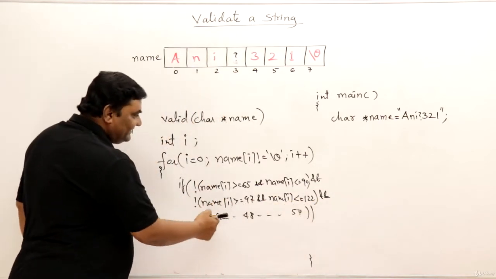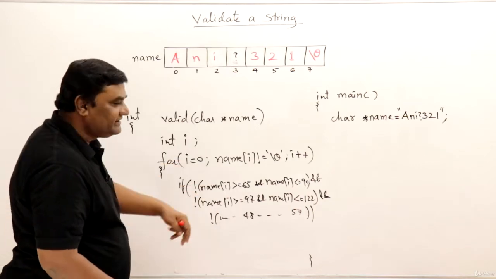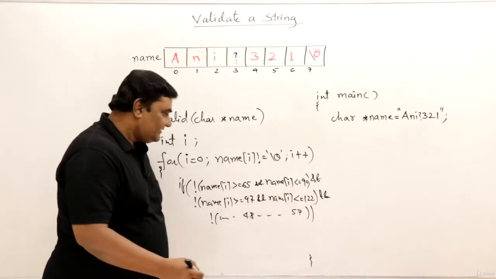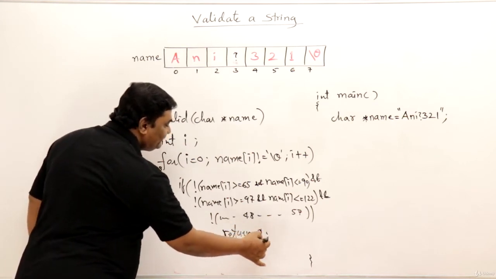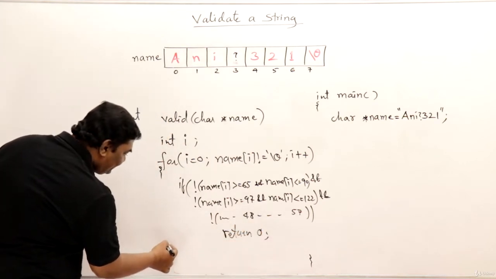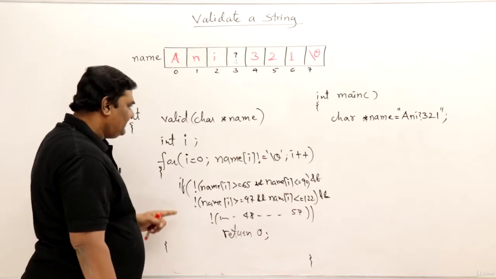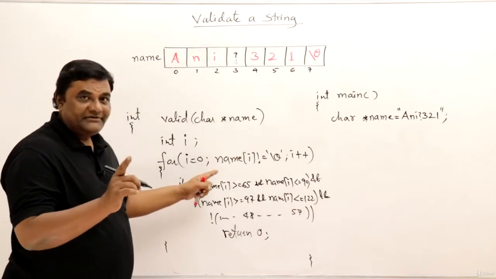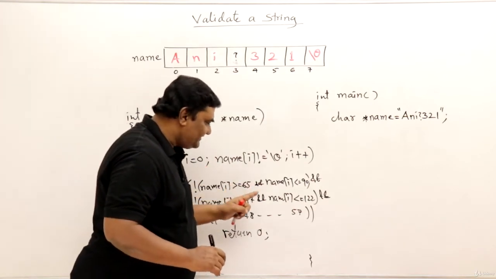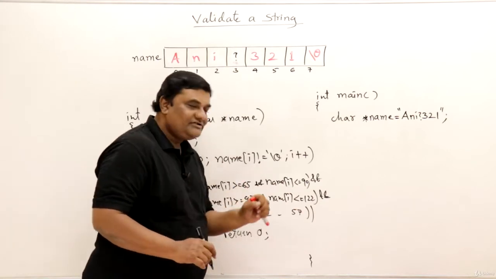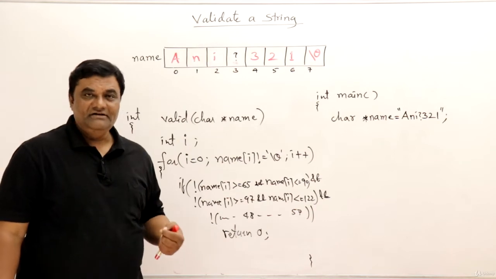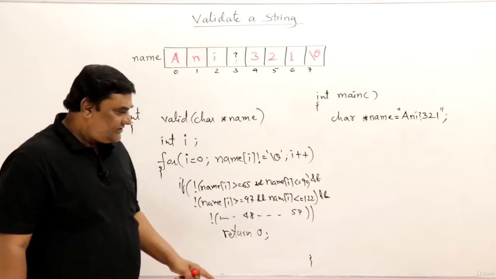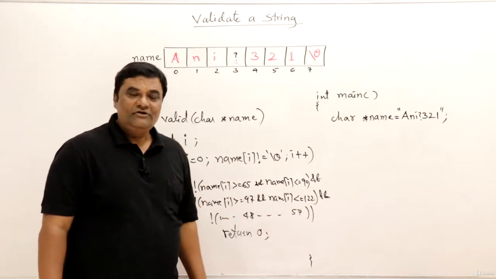So these three conditions, if it is not among these, then it's a special character. So here I should return false, that is 0. And this is all happening inside the for loop. Inside the for loop, for every alphabet, we are checking whether it is not in this range and not in this range and not in this range. Then it is an invalid symbol, an invalid letter. So return 0 means return false.